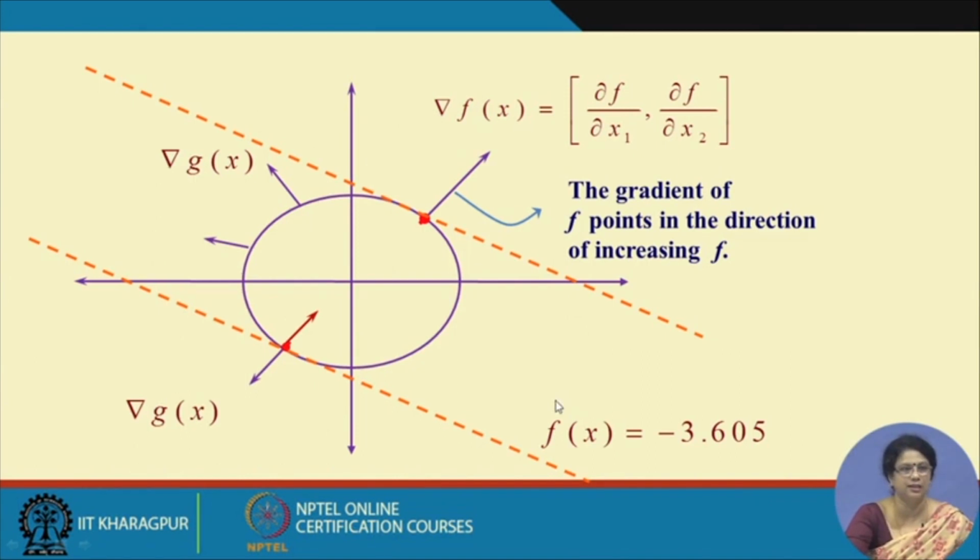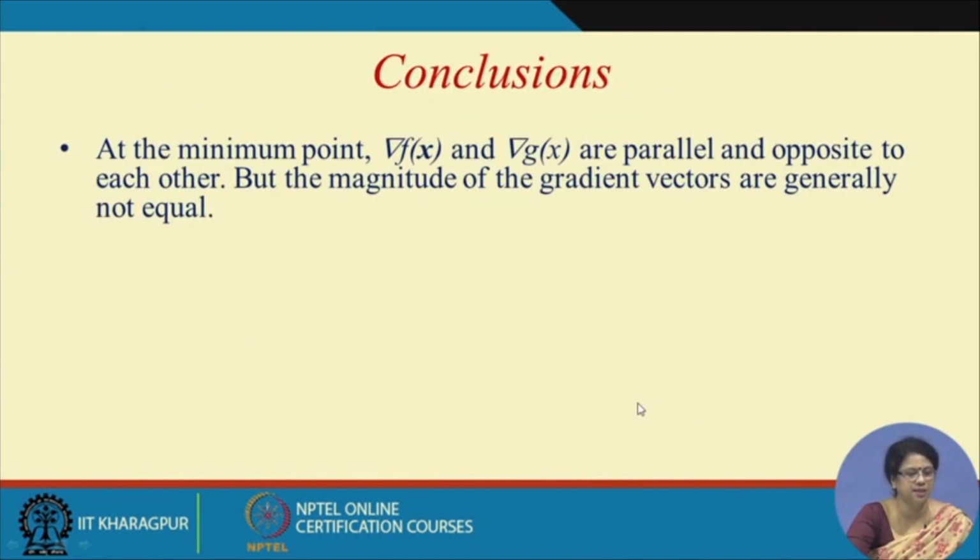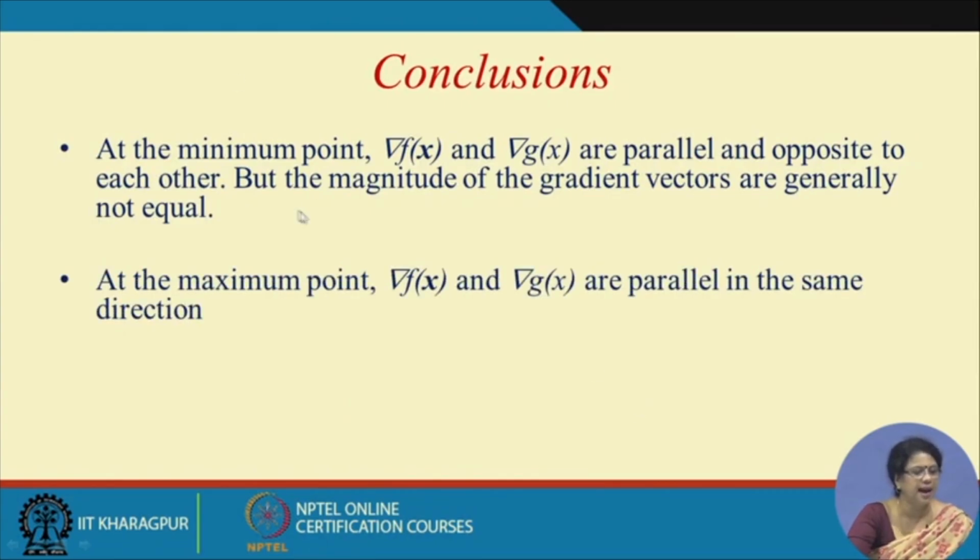There also we will reconfirm this fact. That is why we conclude from here that at the minimum point, grad f and grad g are parallel but opposite to each other, and the magnitude of the gradient vectors is generally not equal. Certainly that depends on the point at which we are calculating the gradient, and at the maximum point both are parallel in the same direction.